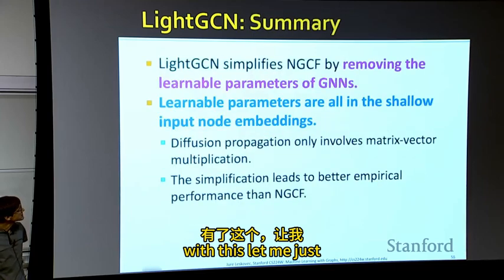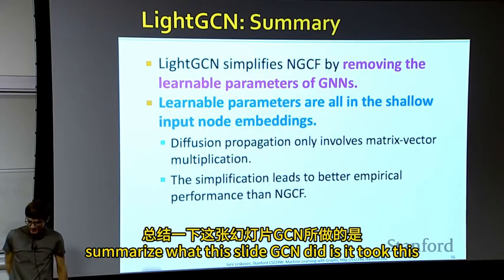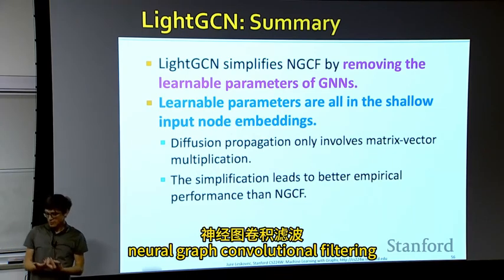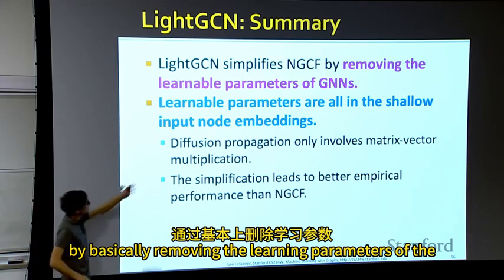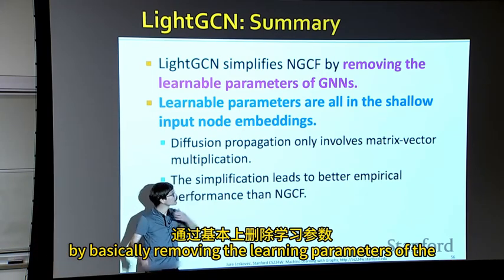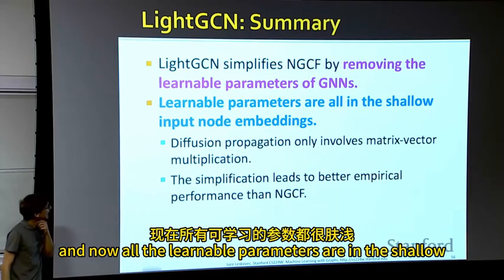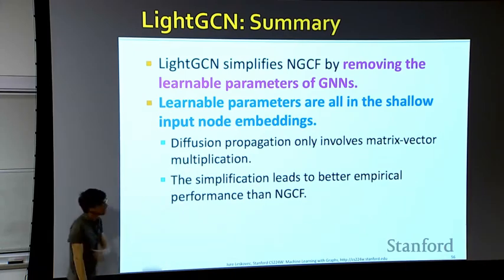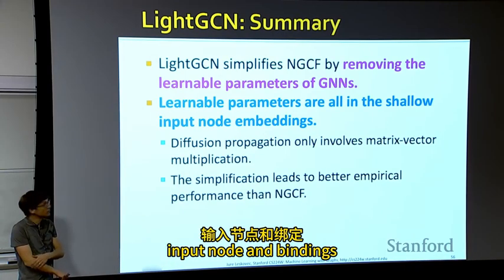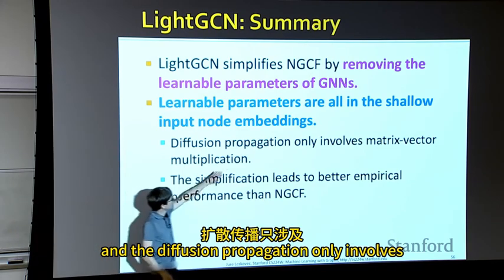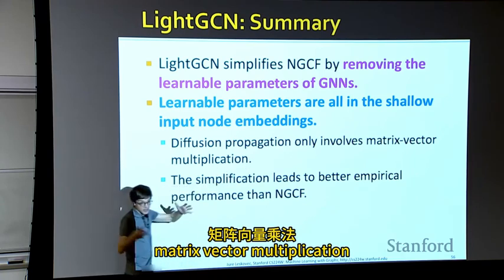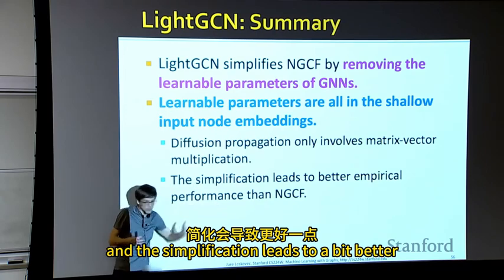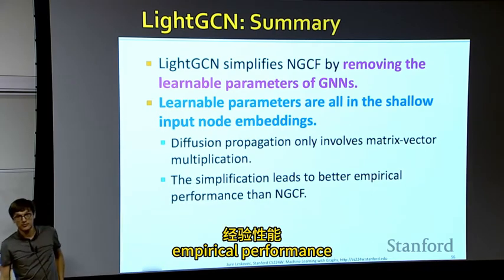So with this, let me just summarize. What this light GCN did is it took this neural graph convolutional filtering by basically removing the learning parameters of the GNN, and now all the learnable parameters are in the shallow input node embeddings, and the diffusion propagation only involves matrix vector multiplication, and the simplification leads to a bit better empirical performance.